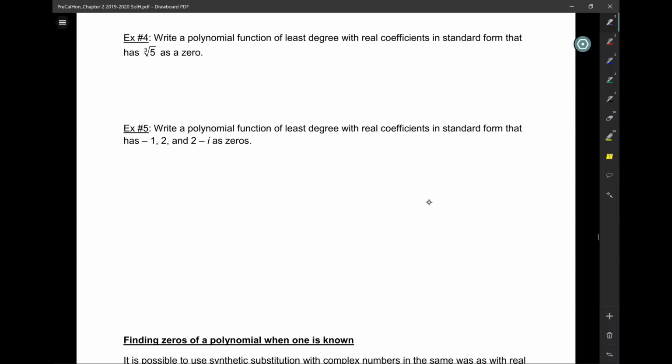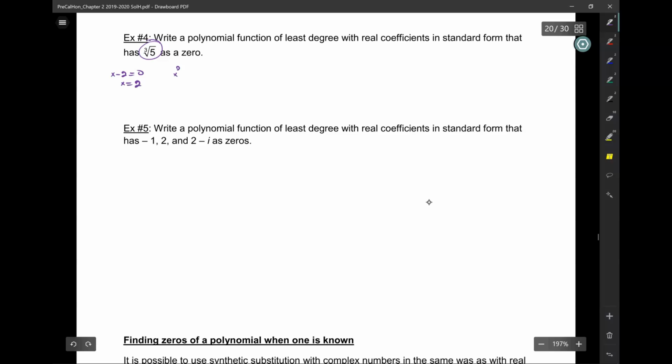Write a polynomial function of least degree with real coefficients in standard form that has cube root of 5 as a 0. Okay? How do we get cube root of 5 as a 0? Right. So if I have x minus 2 equals 0, then x is equal to 2, right?